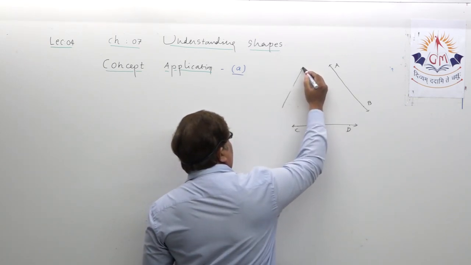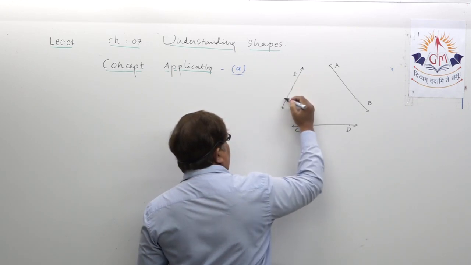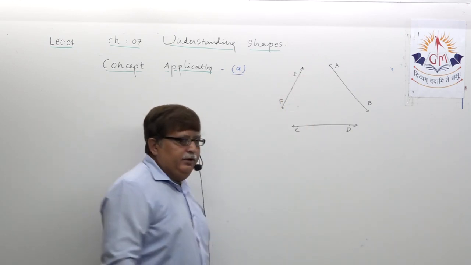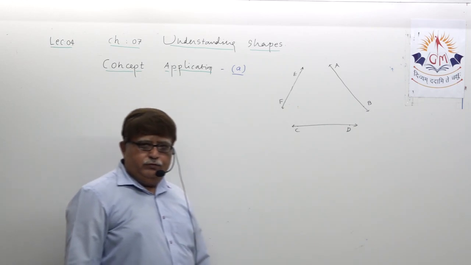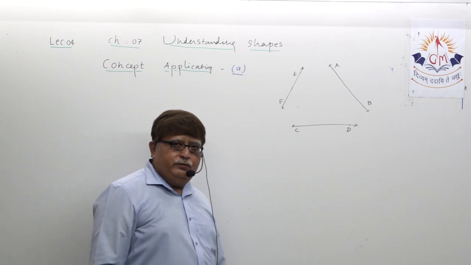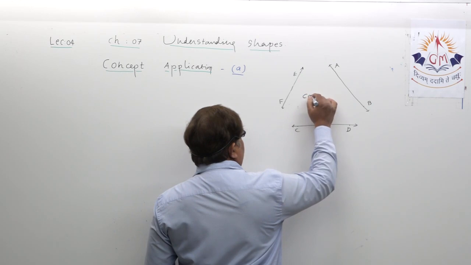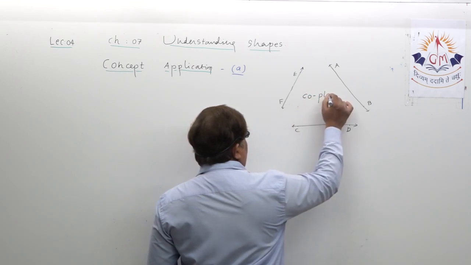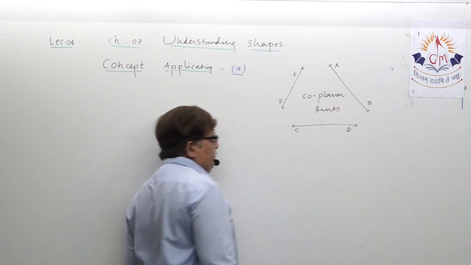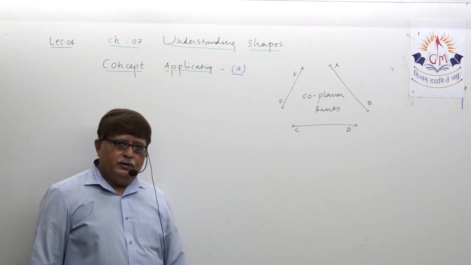Suppose I draw another line, line EF. All these lines lie in the same plane, that you can see. So such lines lying on the same plane are known as coplanar lines. Lines lying in the same plane are known as coplanar lines.